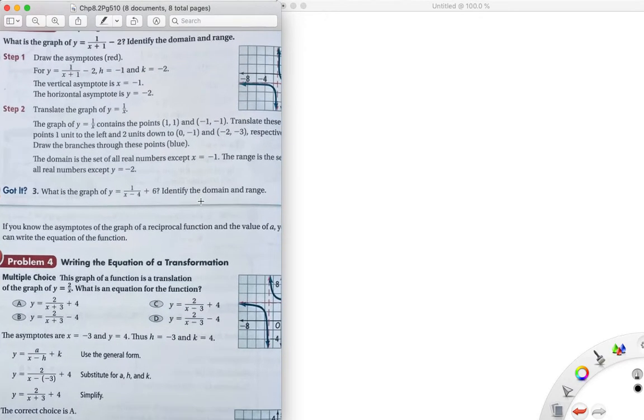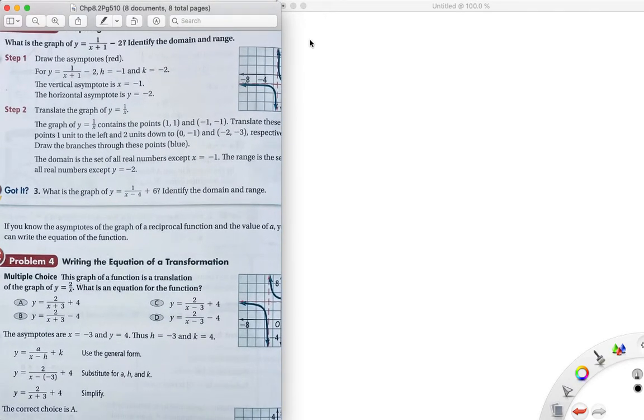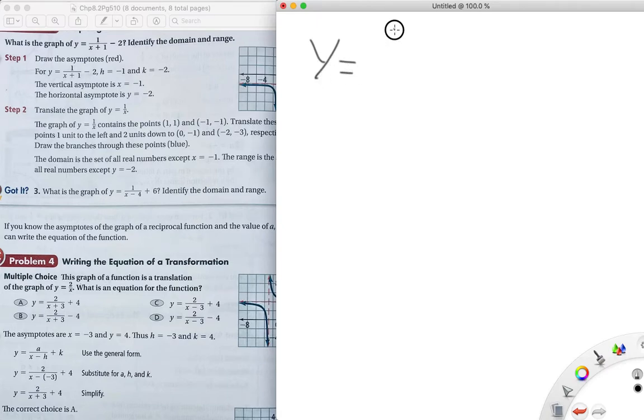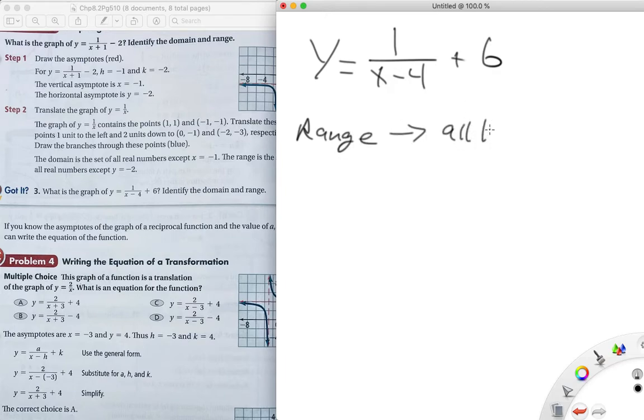All right. What's the graph of this? And what's the domain and range? For the domain, it's going to be all real numbers except 4, because if x equals 4, then it does not exist.